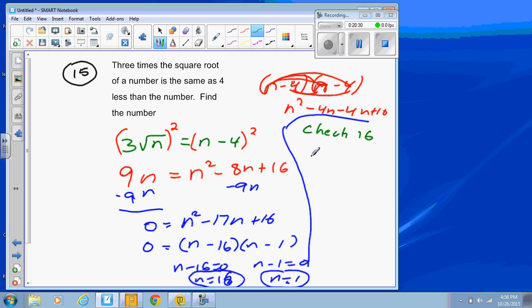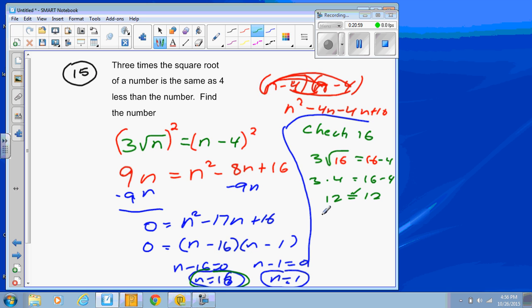That's going to give me 3 times the square root of 16 equals 16 minus 4. So 3 times 4 equals 16 minus 4. 3 times 4 is 12. 16 minus 4 is also 12. That checks. So 16 is a solution.